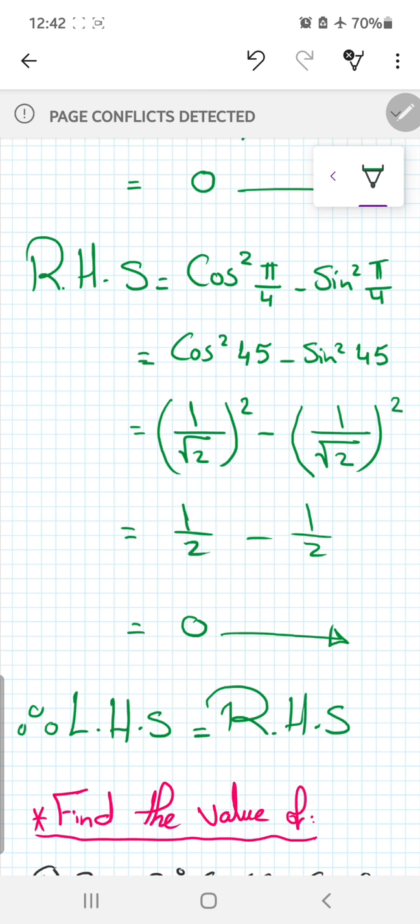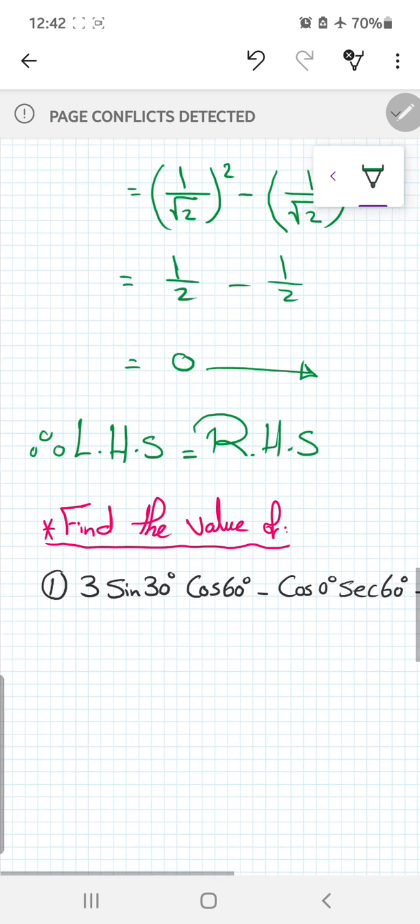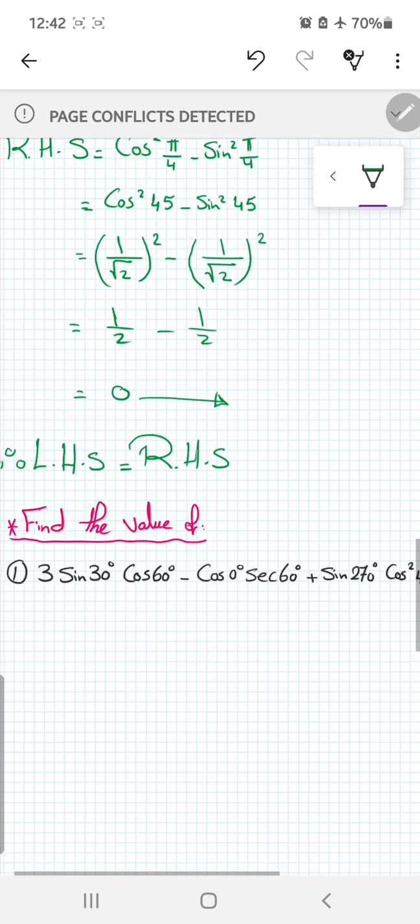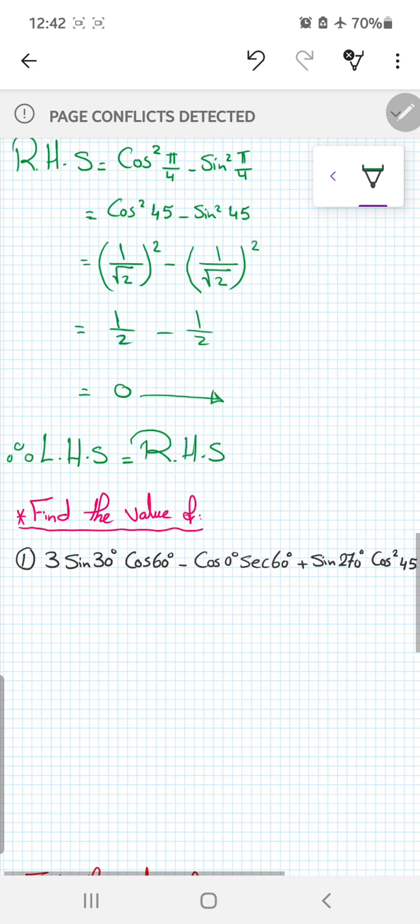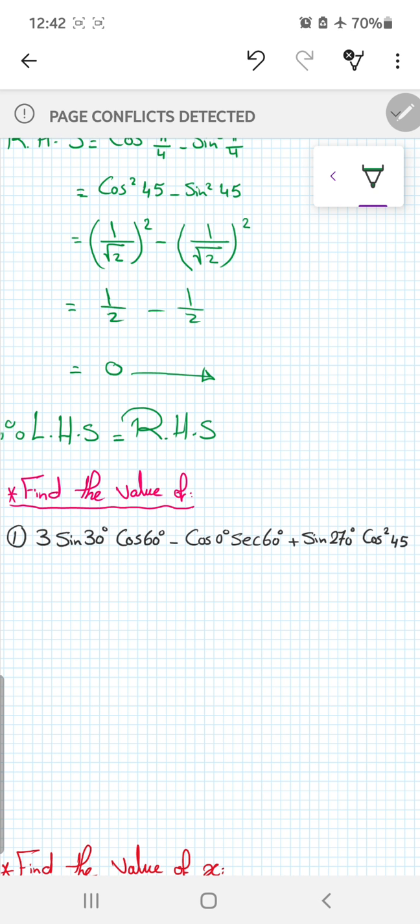Okay, here find the value of 3 sine 30 cosine 60 minus cosine 0 sec 60 plus sine 270 cosine squared 45, also without using a calculator. Get it one by one.